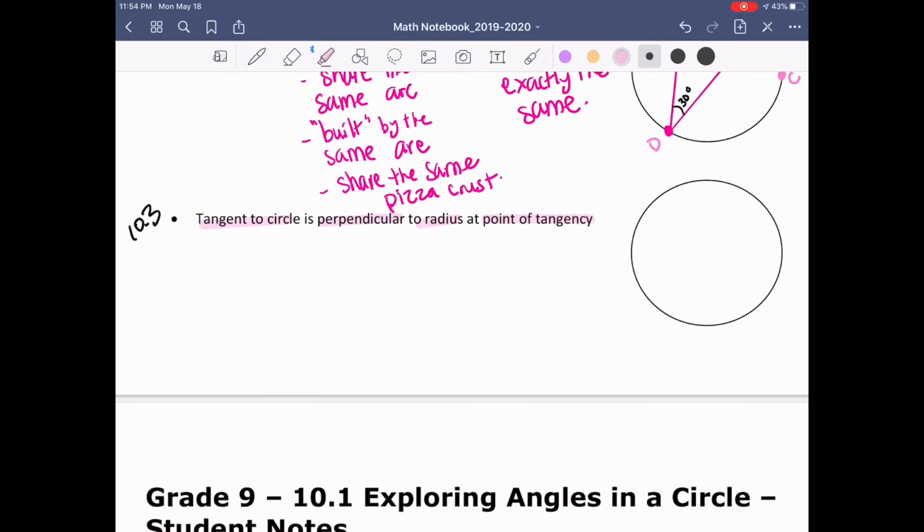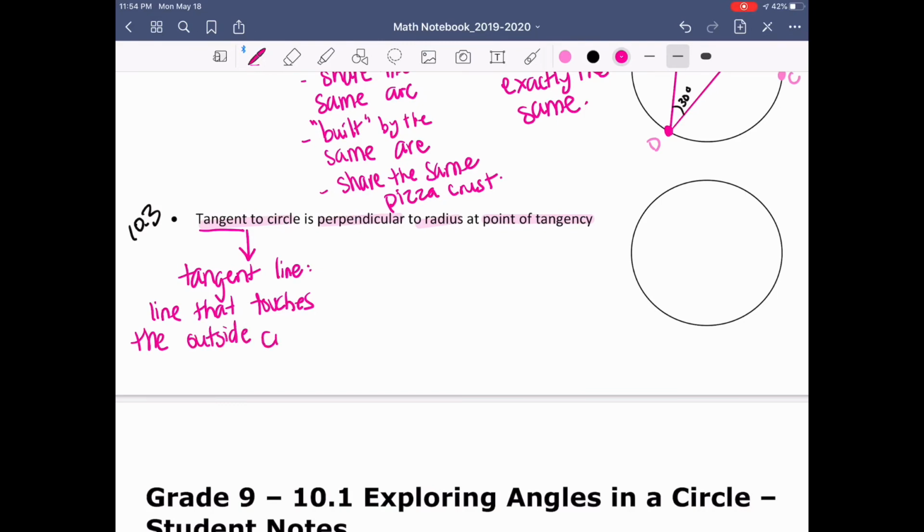Again, let's break it down. A tangent line is a tangent to a circle. A tangent line is any line that touches the outside circumference of a circle at one point only.